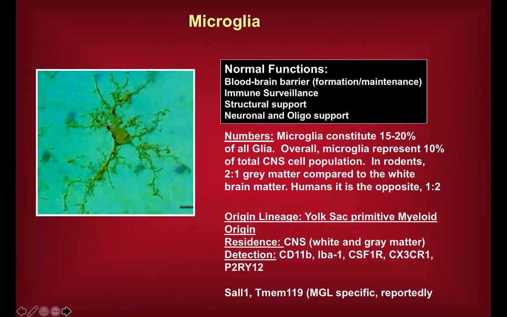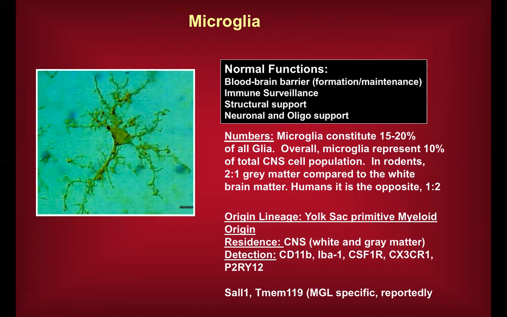Okay, so microglia, really, I think in terms of neuroimmunology, the most popular cell, and probably not any of the neuroimmunology papers that we'll talk about will exclude them. I mean, almost all of them have something to do with microglia. We'll see them in the blood-brain barrier. We know they're important for immune surveillance, structural support, and also help support neurons and oligos.